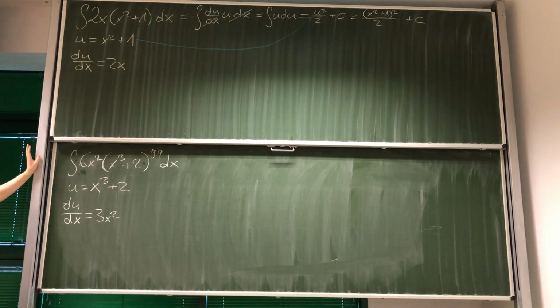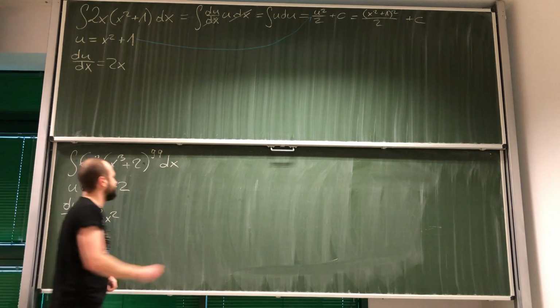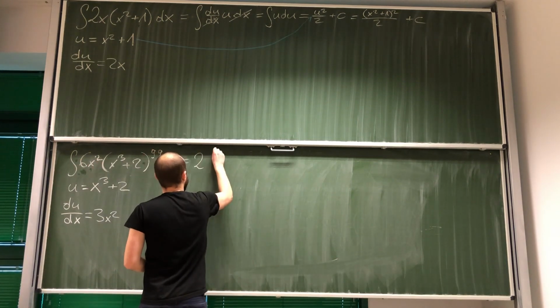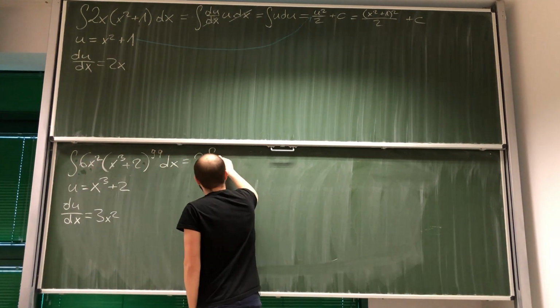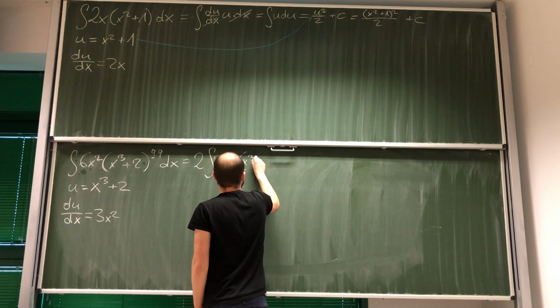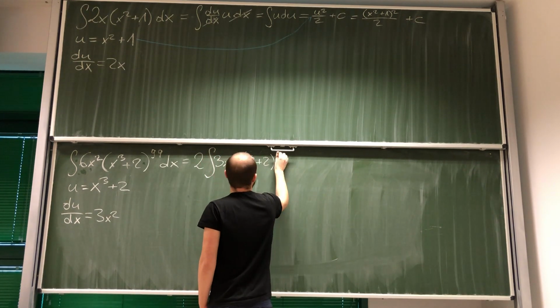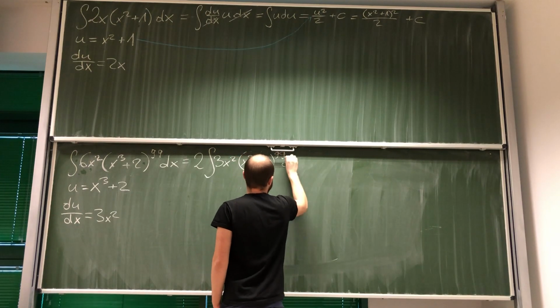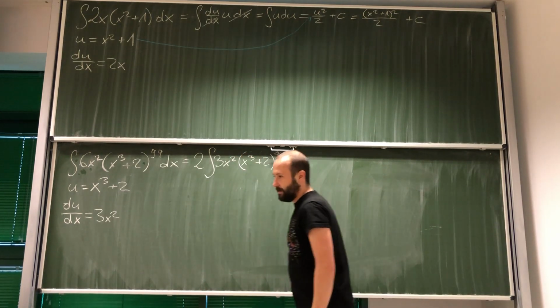I want to have 3x squared here, so I'm going to take 2. And I got 3x squared times x cubed plus 2 to the power 99 dx.